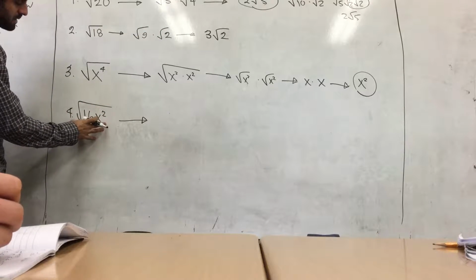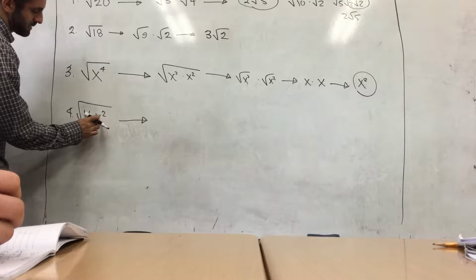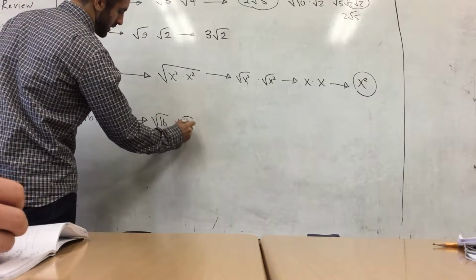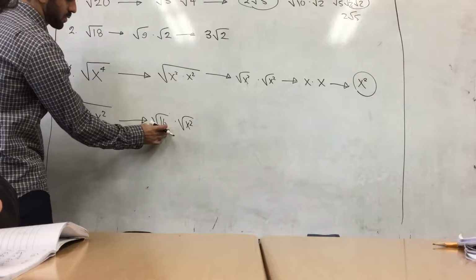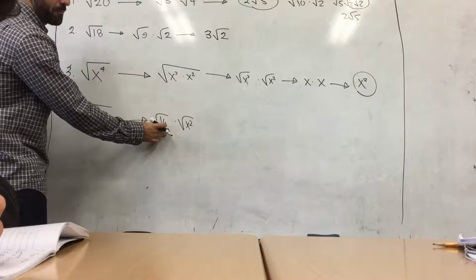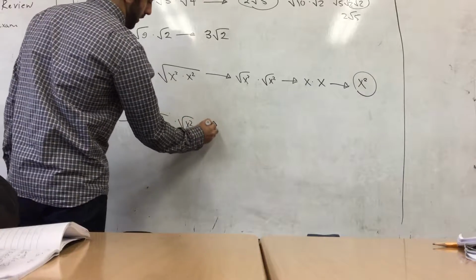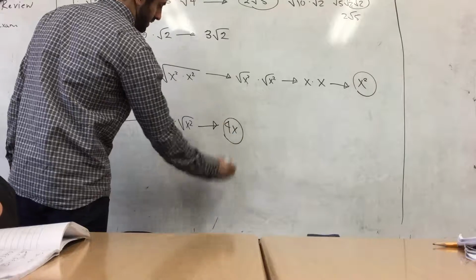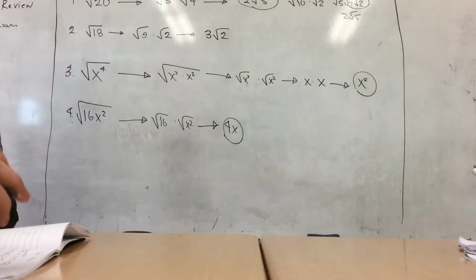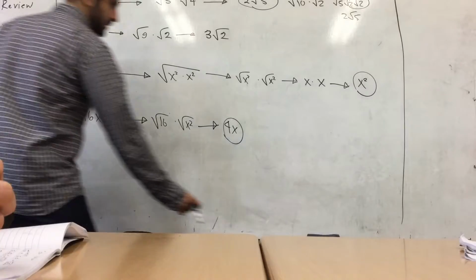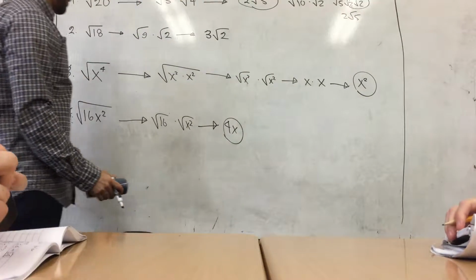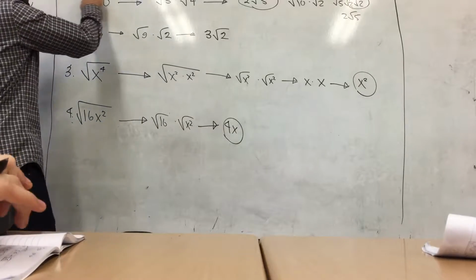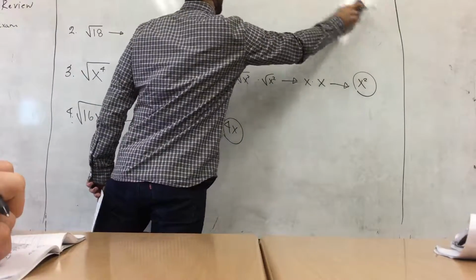This is a product, 16 times x squared. You can split this up so that they each have their own radical. The square root of 16 is 4, and the square root of x squared is X. That's your final answer. If you can, show as many steps as you can. I would encourage that.